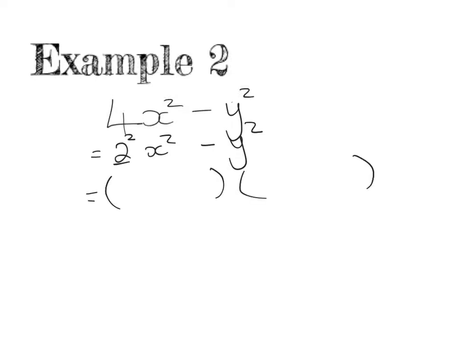Now this 2, there's 2 of them. 1, 2. And 2 times 2 will give me 4. X to the power 2, so it's x times x. And that gives me x to the power 2. For the minus, I say plus and minus. So that's done. And y to the power 2 is y times y.